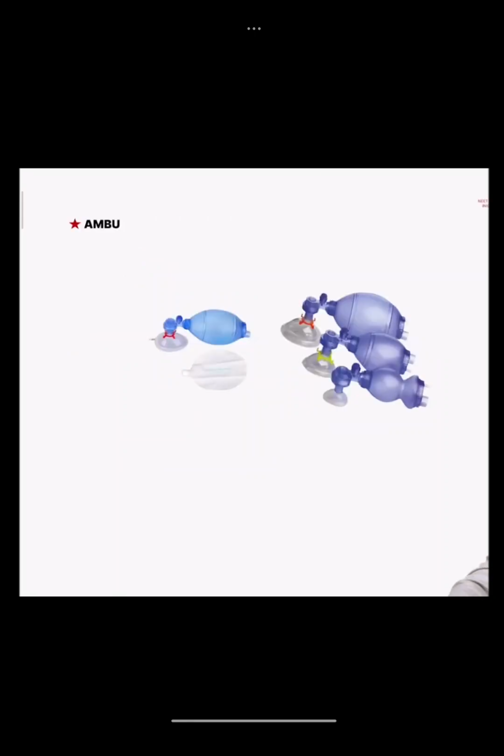Coming to the next device, which is called AMBU. What is meant by AMBU? The full form is Artificial Manual Breathing Unit. What we need to remember is that the AMBU bag delivers 100% oxygen to the patient.